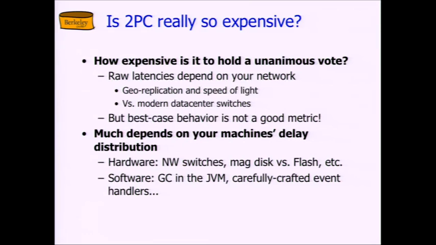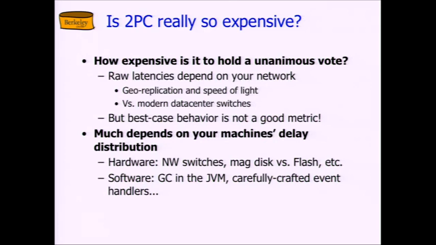If you build it really tight in C or Go or some other language that's not necessarily arbitrarily garbage collected, you can get much smaller variance. However, that depends on your software being really good. In particular, it depends on when you get an event off the network, like a request for a commit, that the handler for that event doesn't do very much computation and doesn't get in the way of other things, doesn't hold locks and so on.